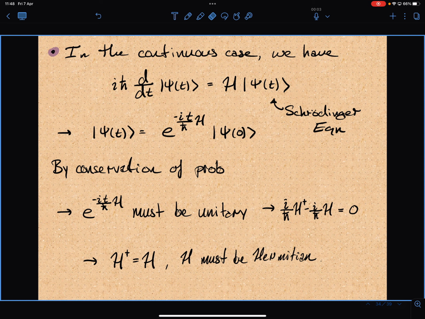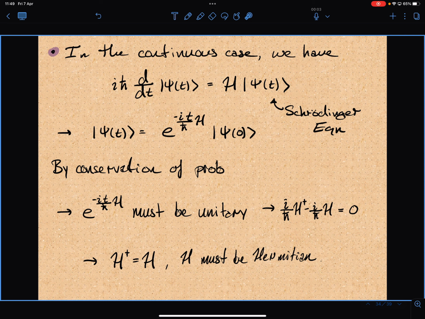And you can actually just separate variables here and solve this differential equation, and it's equal to this. And this is just going to be the exponential of this matrix. And then by the same idea of conservation of probability, this must be a unitary operator, a unitary matrix, this exponential. So this must be unitary.